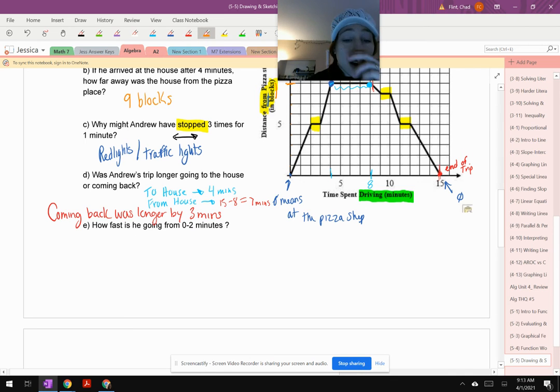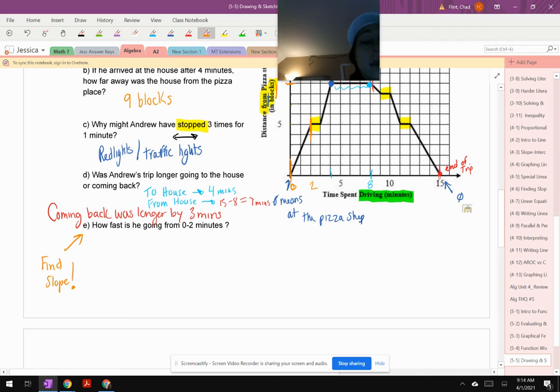Last part E here is asking you how fast he's going from 0 to 2 minutes. Okay, so from 0, that's here, to 2, that's right here. So how fast is he going? So this question is basically asking you to find the slope. And you can do that using your graph.